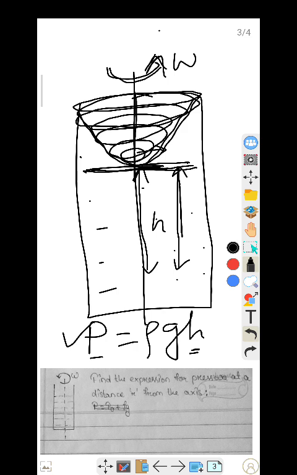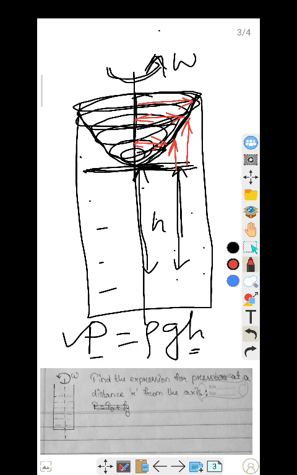So now the open surface is not a flat surface, so the height will gradually increase as we go far from the axis, right? If you go far from the axis, the height of the open surface will gradually increase like this.